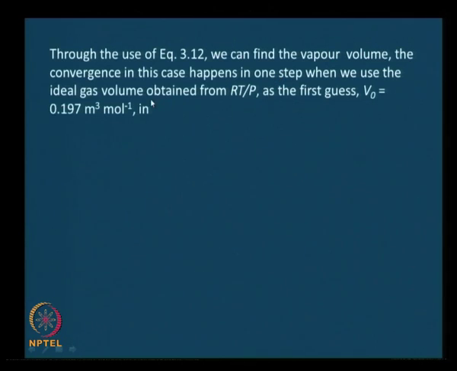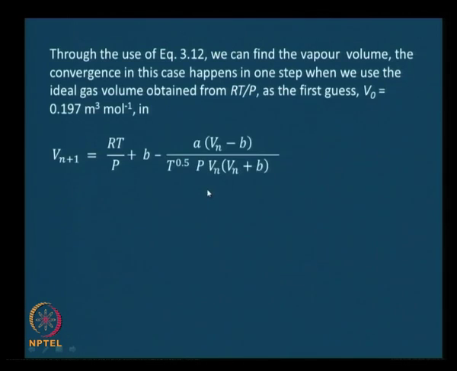When we use the ideal gas volume, if we look at RT by P as the initial guess, V0, it turns out to be 0.197 meter cubed per mole, and this is the equation that we considered for the iteration.